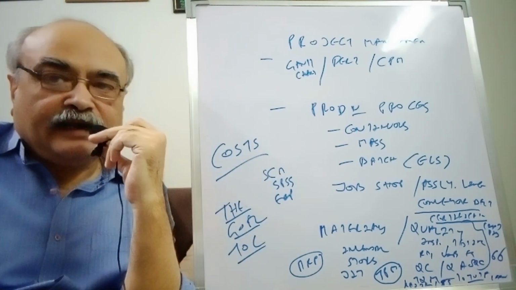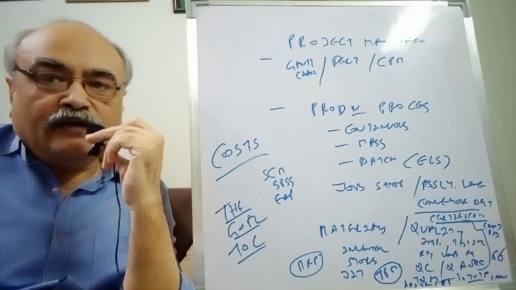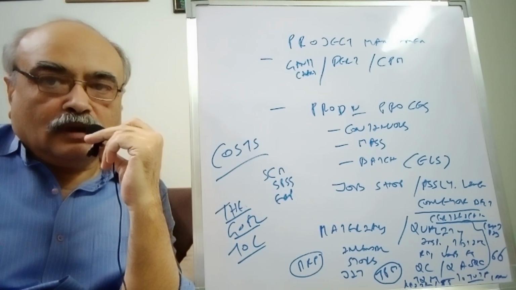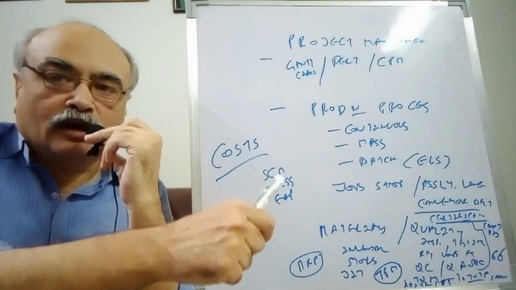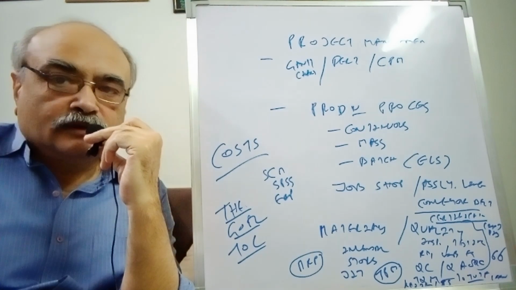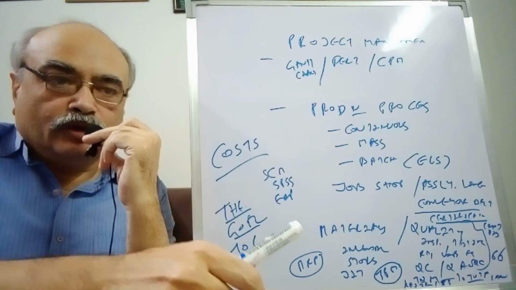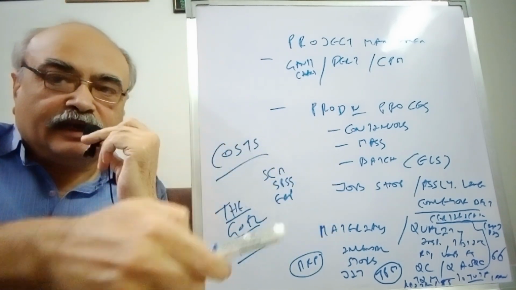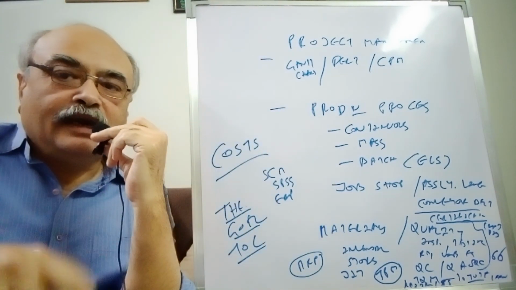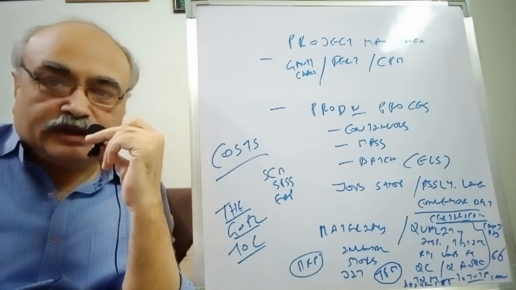So inventory is there at every stage, and the more inventory, the worse for you in terms of profitability and efficiency, because that means your money is blocked.